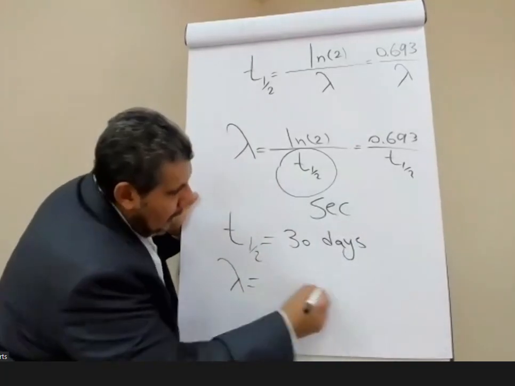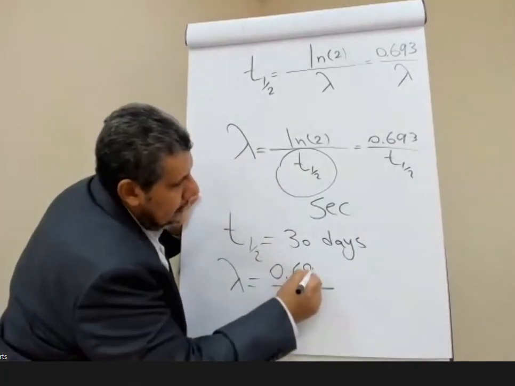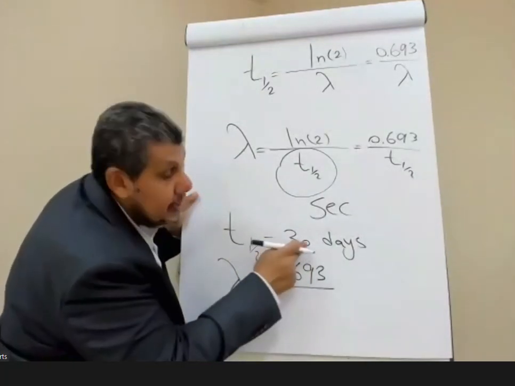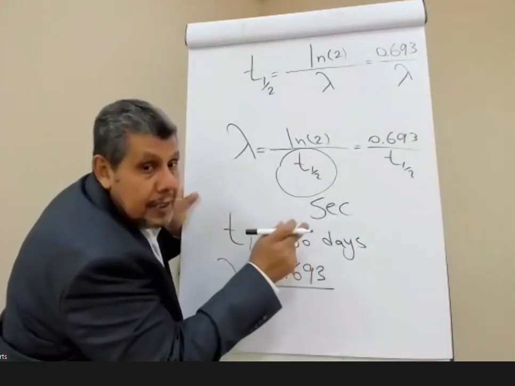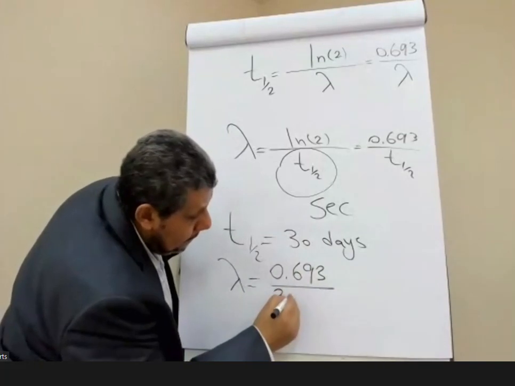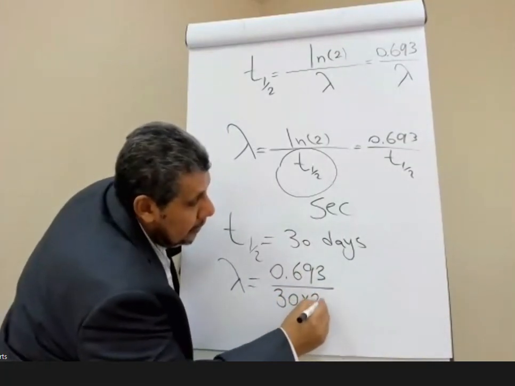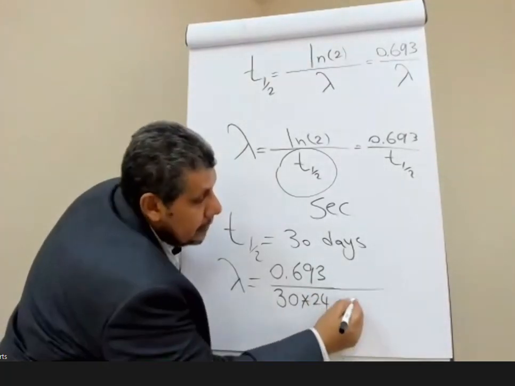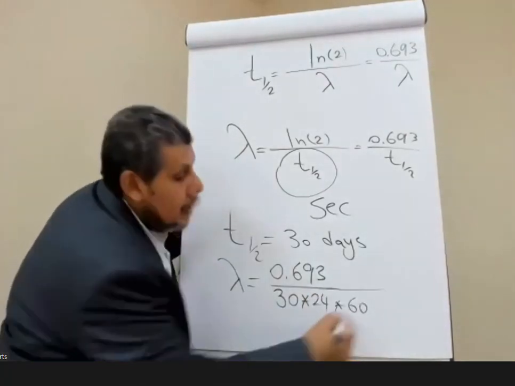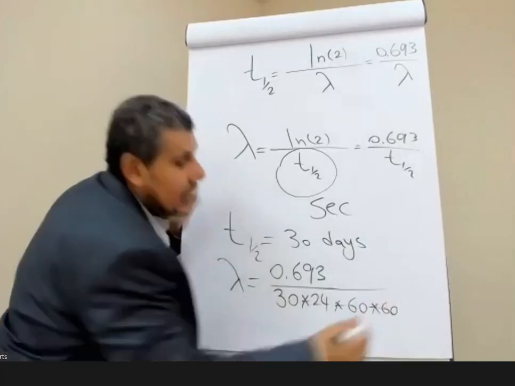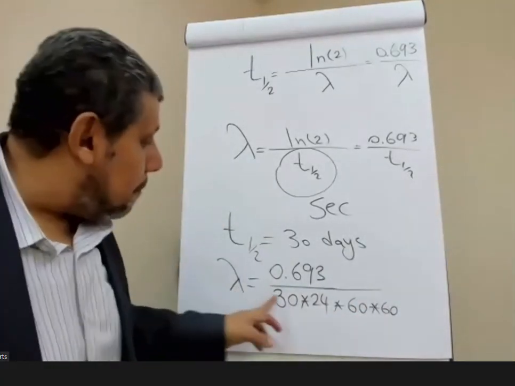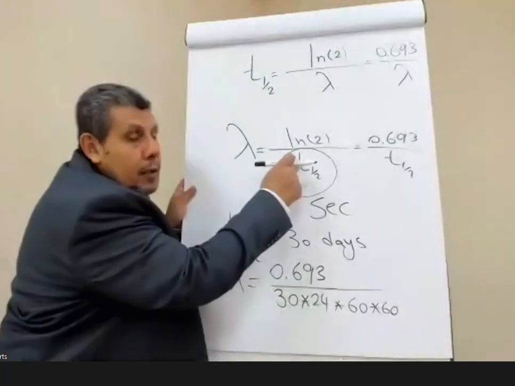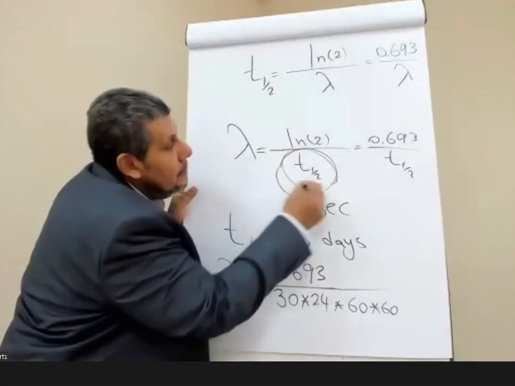You will say lambda equals 0.693 divided by 30. I will put here 30, but this is 30 days. Must be 30 times 24 to become hours, times 60 to become minutes, times 60 to become seconds. So this must be in units of seconds.